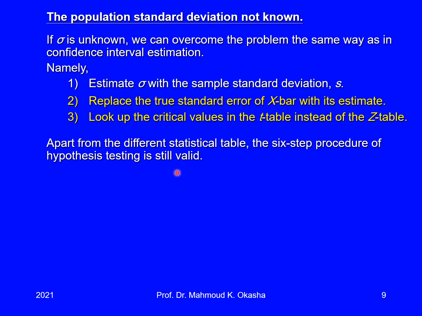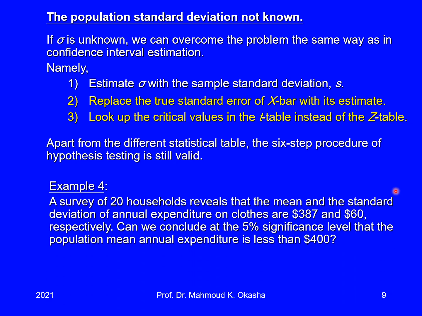As we change sigma to S, we must use the student T distribution table instead of the Z table, the standard normal table. So that's the difference. We estimate sigma and use T instead of Z, right? Everything else will be the same. All the steps will be the same. We must follow the 6 steps as we mentioned earlier, right? Let's have another example.